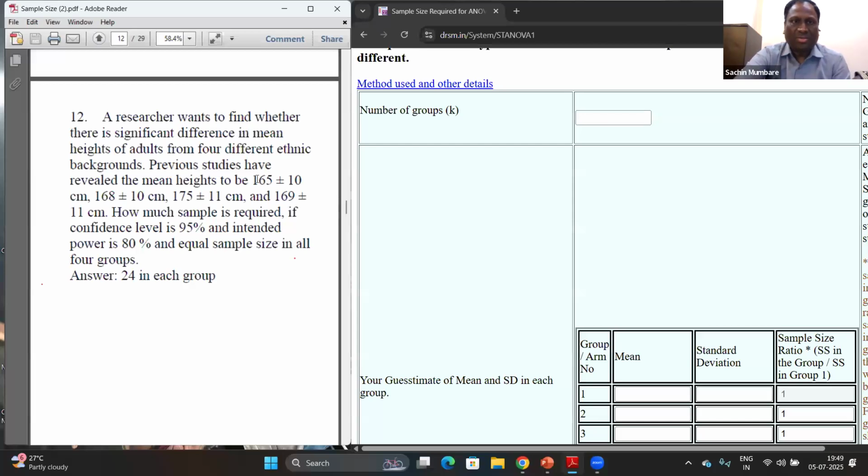Suppose this is ethnic group A, ethnic group B, ethnic group C, and ethnic group D. There are 4 different groups. Suppose in your population, the total number of available people in ethnic group A is quite less compared with ethnic group B. So what will you do? You will select fewer people from group A and more from group B because they are more available, and in group A there are fewer available.